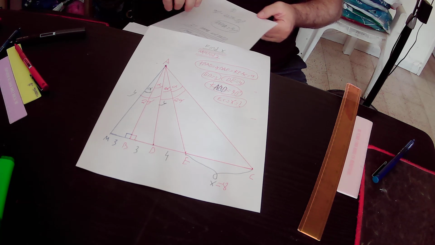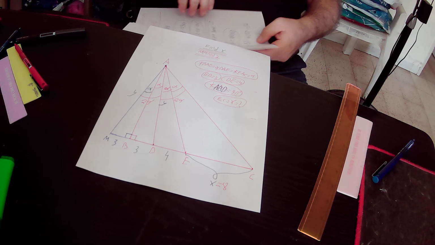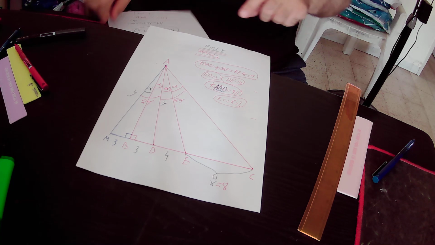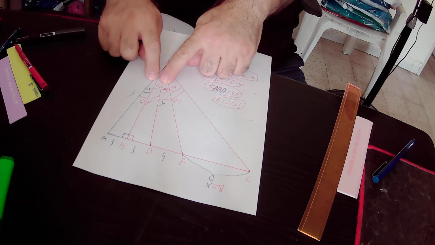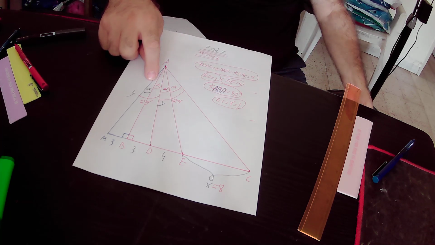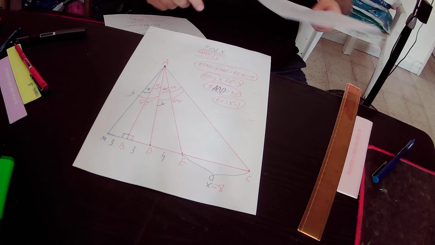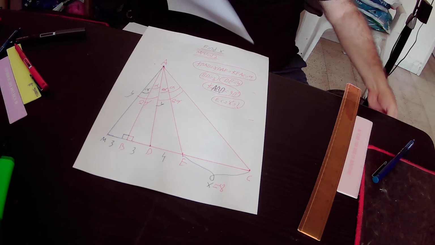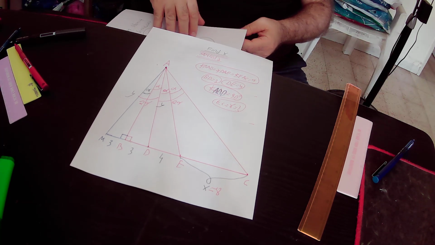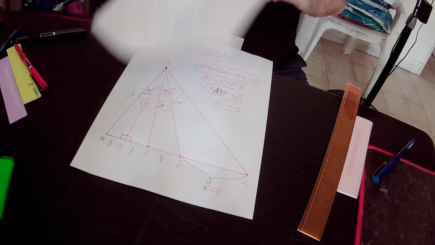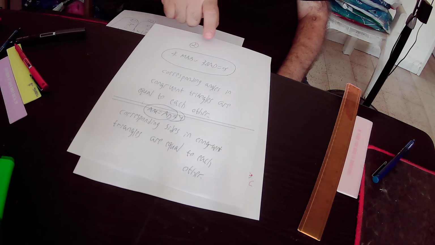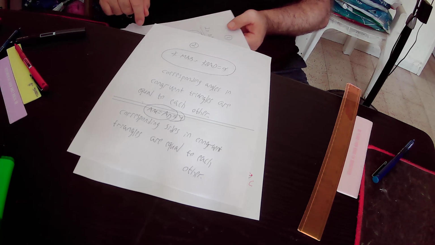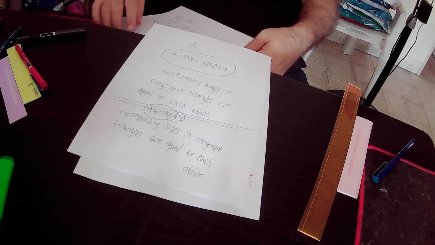Therefore, we can conclude that angle MAB equals angle BAD equals alpha according to the rule that corresponding angles in congruent triangles are equal to each other.